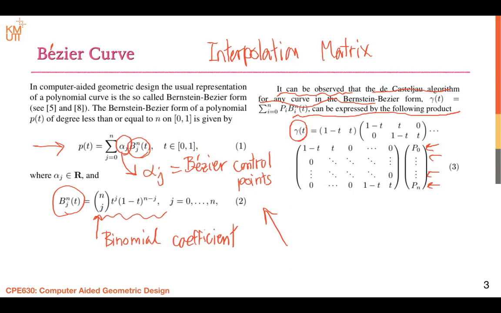In order to make you understand this easily, I will change the color to blue. Considering a Bezier curve of degree 1 first, P0 and P1, if I want to find a Bezier curve of degree 1, I can use this one, 1 minus t, like this.